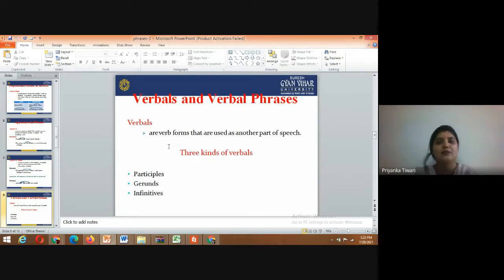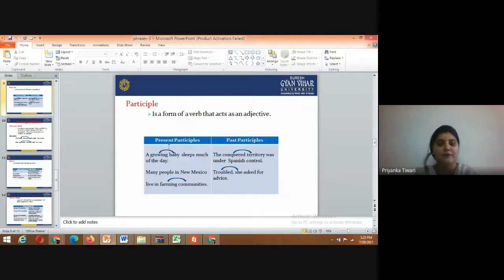Then verbals and verbal phrases. Verbals are verb forms that are used as another part of speech. There are three kinds of verbals: participles, gerunds, and infinitives. A participle is a form of a verb that acts as an adjective, present participle and past participle.